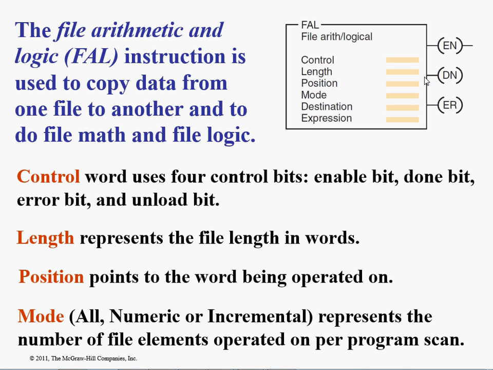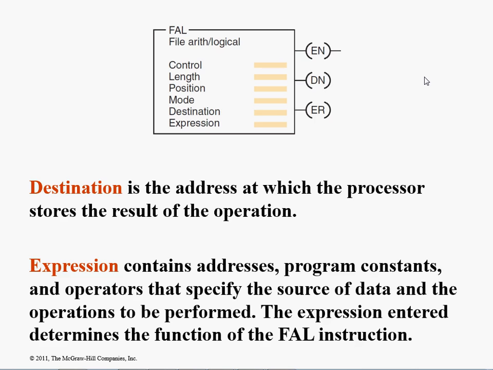But if you could, say you want to multiply N7:0 by N7:1 and put the result in N7:3, you could do that, and you could use this right here to do all of the first words of 100 files. Does that make sense? You could do it 100 times with this. Instead of putting in 100 math instructions, you could do it all in one instruction.